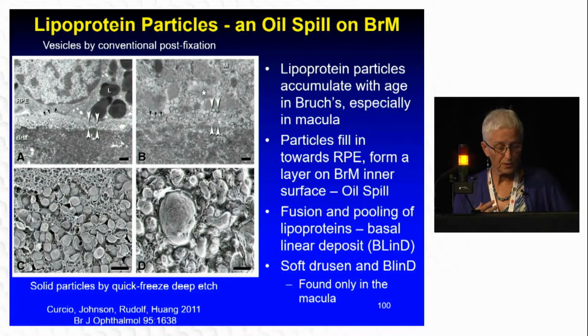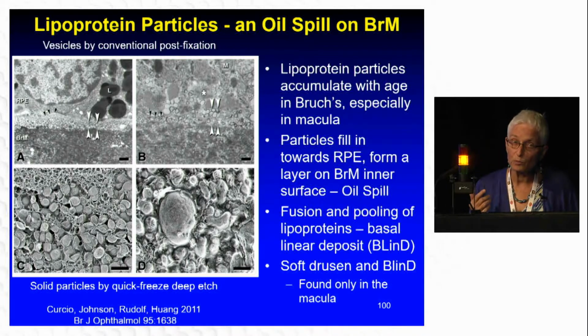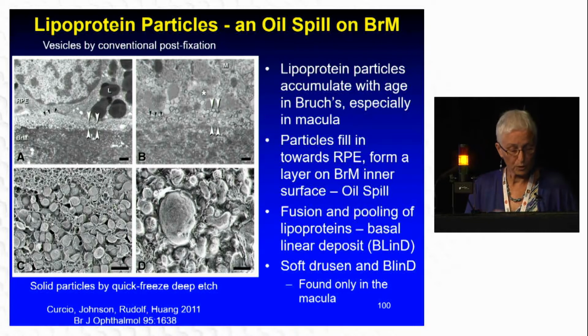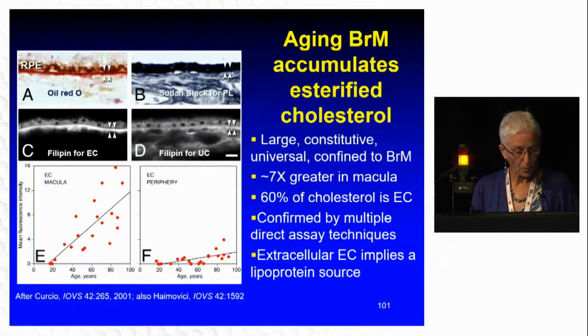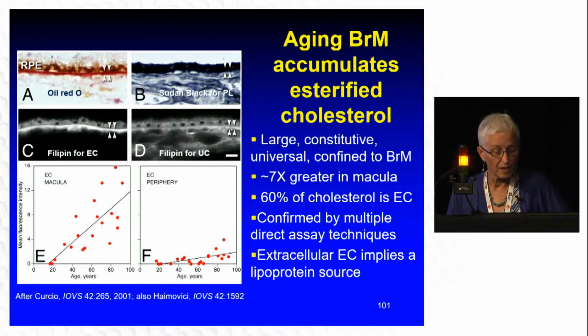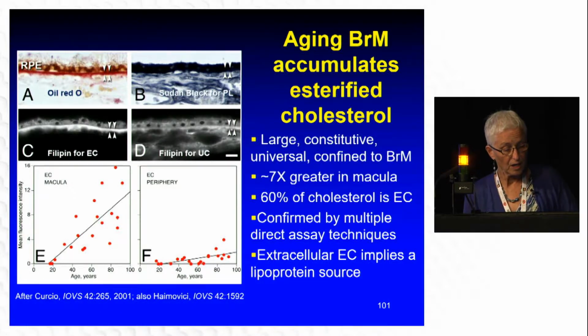So these lipoprotein particles accumulate with age in Bruch's membrane, especially in the macula. The particles fill in towards the RPE. They form a layer on the Bruch's membrane inner surface, which we call the oil spill. And that's the transition between aging and AMD. So we also determined that aging Bruch's membrane accumulates esterified cholesterol. This is shown here with oil red O binding and filipin staining for esterified cholesterol.